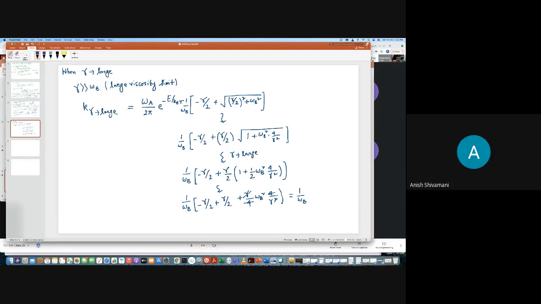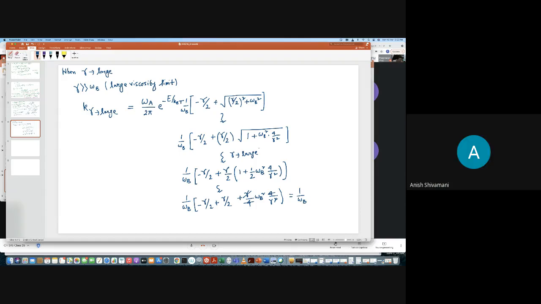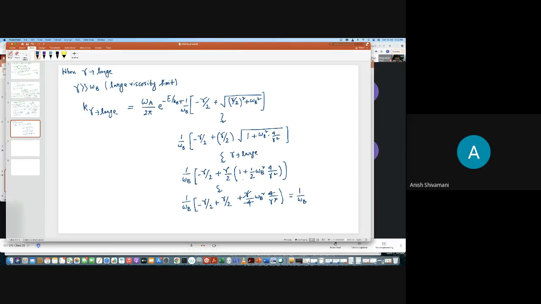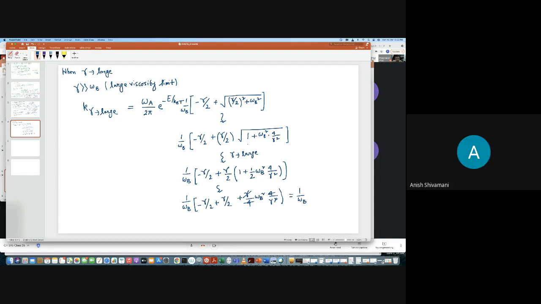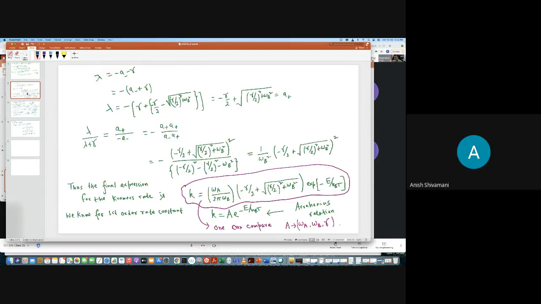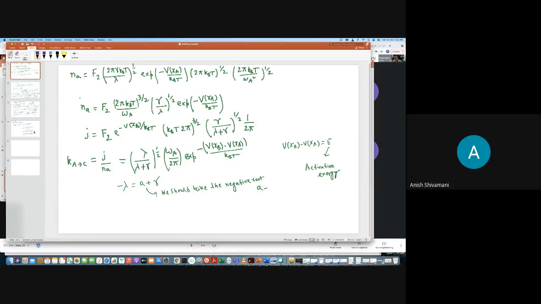This one. Did I do anything wrong? There is supposed to be a square outside the square bracket, if I'm not wrong. The whole quantity in square brackets should have a whole square, if you check the previous slide. Oh okay, because we had lambda to the half there. Yes, I'm wrong. Thank you.